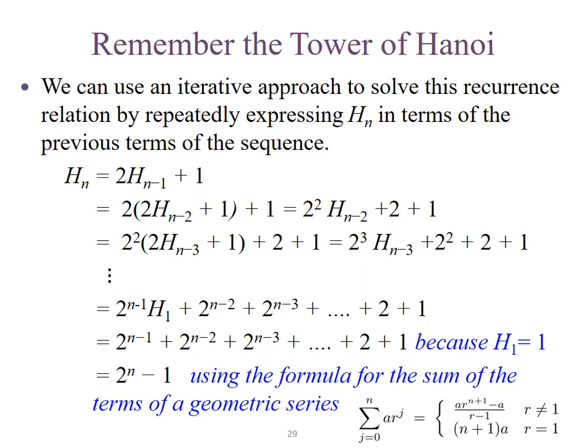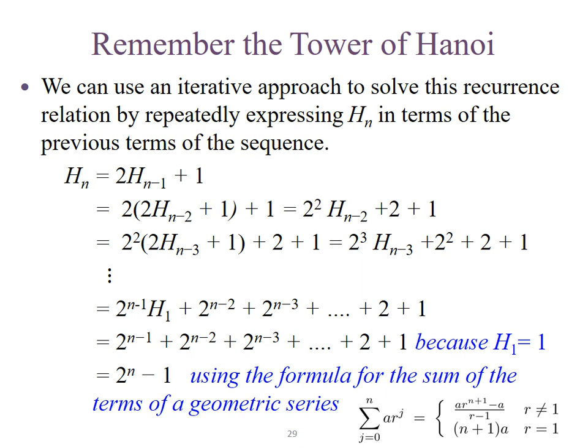I believe you have learned this process, but now I want you to notice something very important. If we have 2 times the previous term, for example Hn minus 1, then in this process we are accumulating 2 times 2, 2 squared times 2, so n minus 1 times 2.